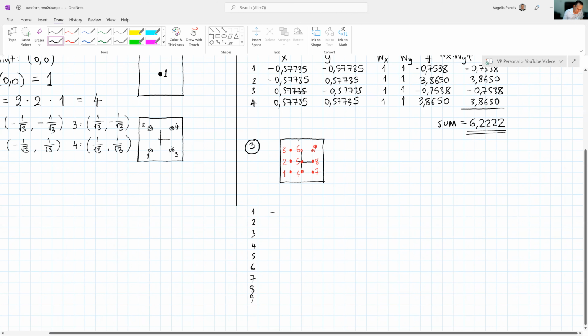And then I need the x variable, which in this case is minus 0.77460. And then the y point is minus 0.77460 again. This is x and y. And for x, I repeat the same number 3 times. The next x is 0. So I have 0, 0, 0. And the next x is plus 0.77460 with a plus.